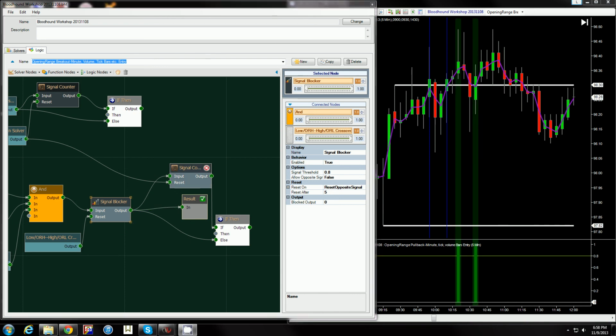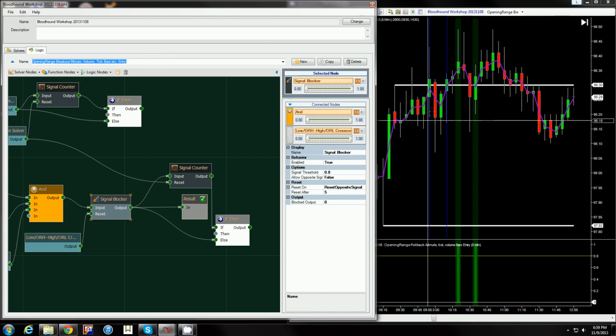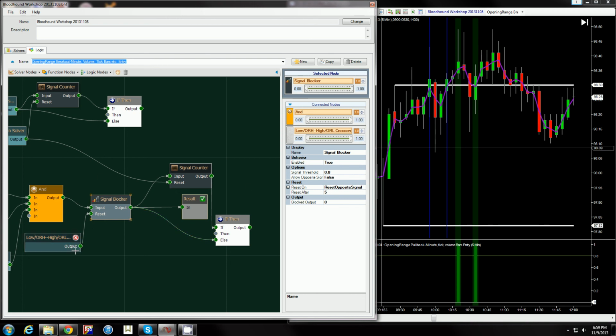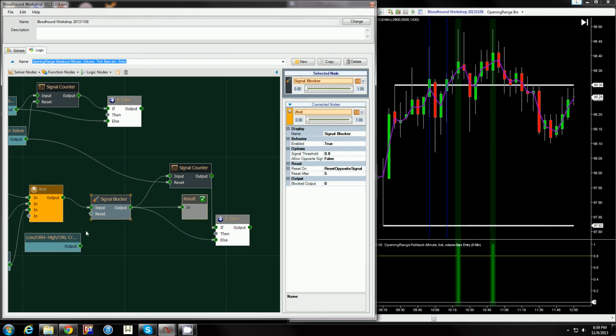That's right, I'm sorry, I'm just tired. I kind of explained this wrong. It's basically saying that it's going to block the next 5 signals, but if you want to stop the block of the signal when a low breaks back inside the opening range high, then it will do that for you. If you don't want to allow that, then disconnect it and it will keep blocking those next 5 bars.